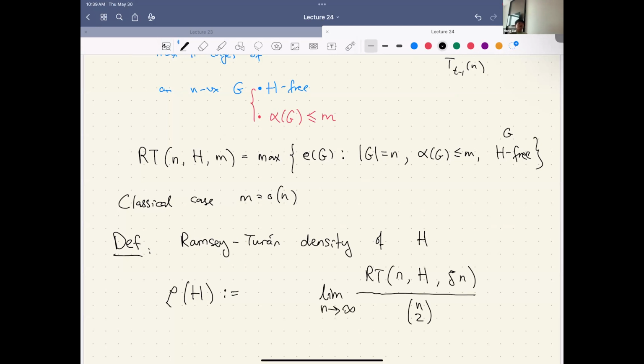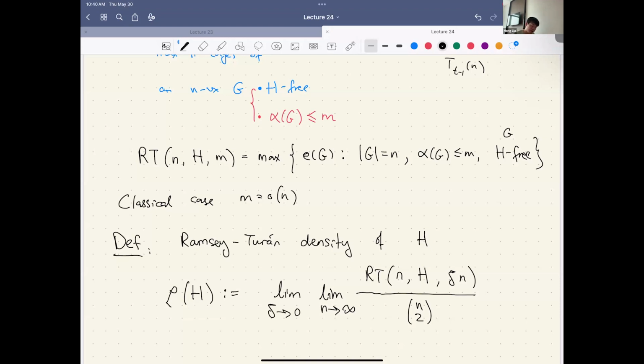It's not hard to see that this limit exists. This is the edge density limit when we fix the independent set to be no larger than a delta fraction of the whole vertex set. Now you take another limit, with delta going to 0.